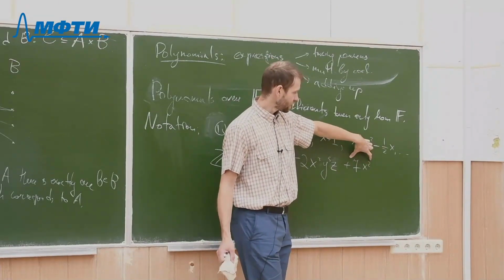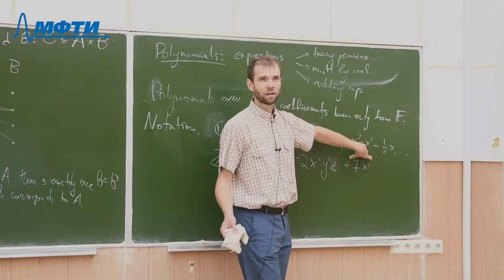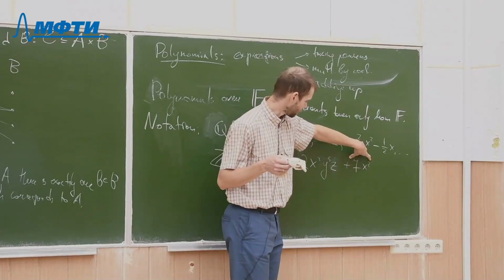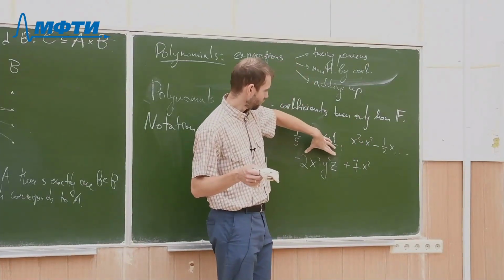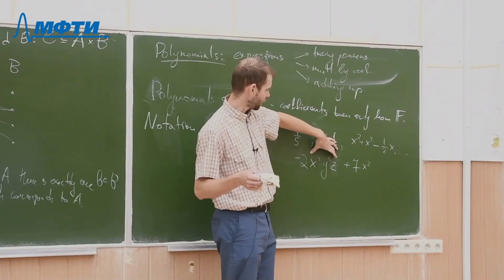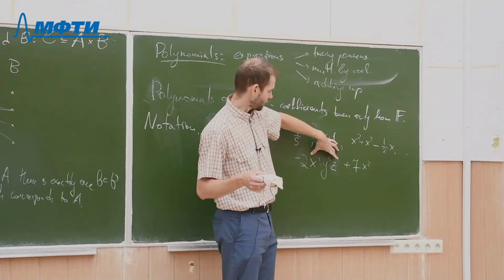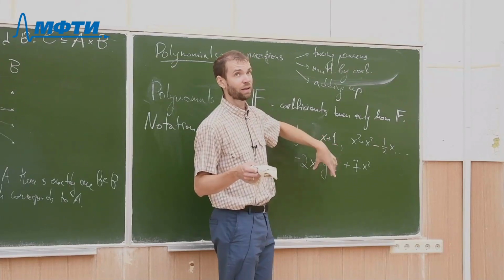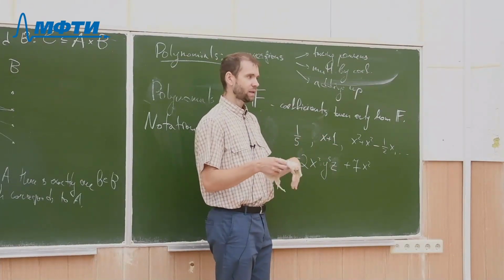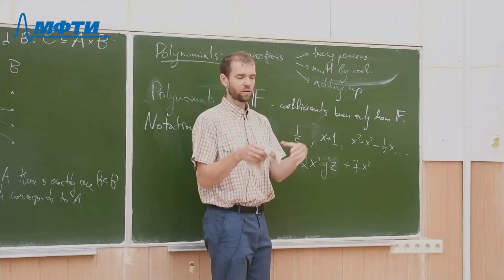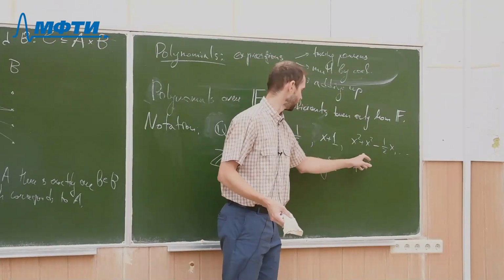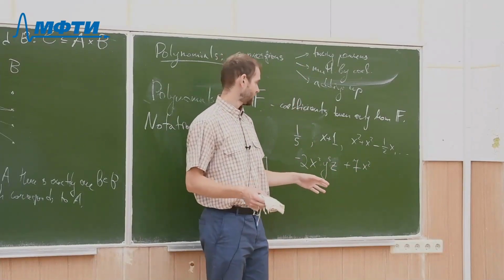The degree of this monomial over z is what? 0, exactly. And then the same goes for each monomial. So the degree of this monomial over x is 3, over y it is 5, and over z it is 1. And now the degree of a polynomial over some variable is still the maximum of the degrees of its monomials over that same variable. So the degree of this polynomial over x is 3.